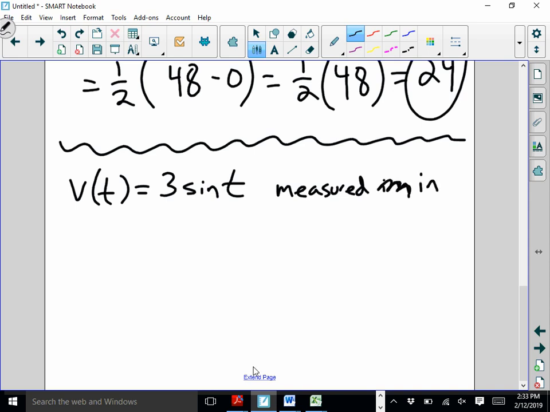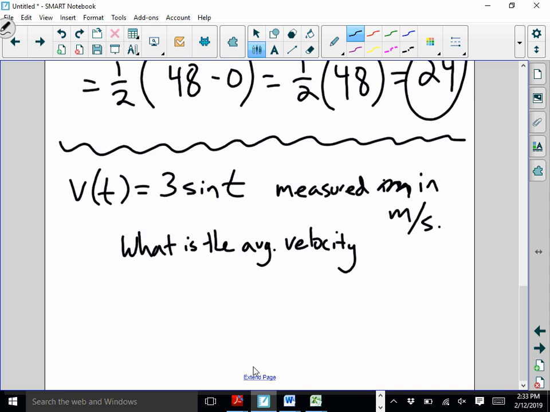I want to know what's the average velocity on 0 to pi seconds.